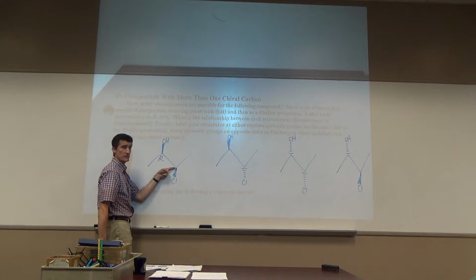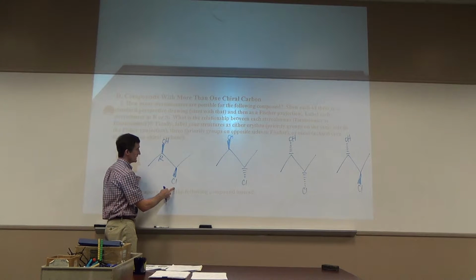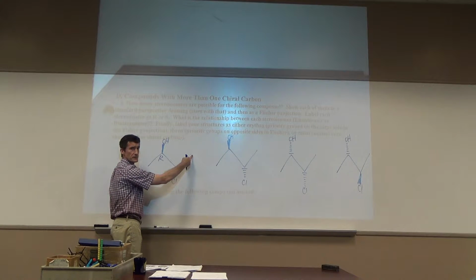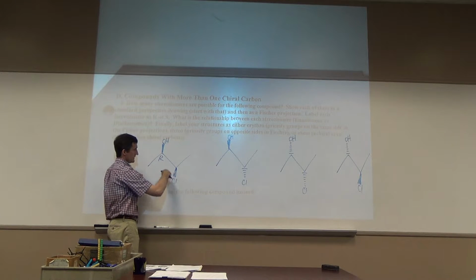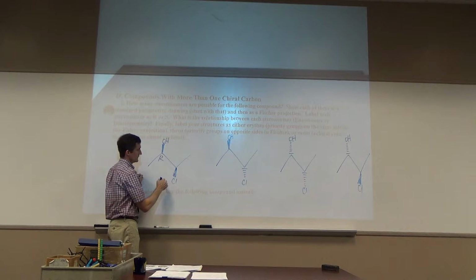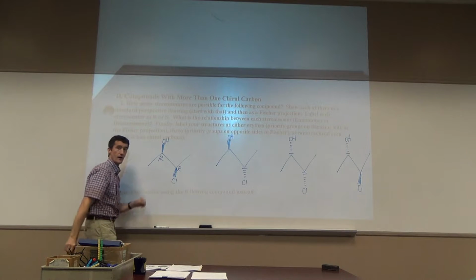What's the highest priority group on this carbon? Chlorine. What's next? The carbon with O or carbon with only H's? The carbon with the O. There. H in the back. What is this? R. Okay.